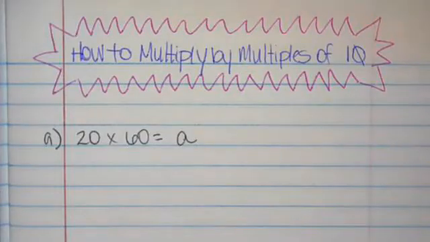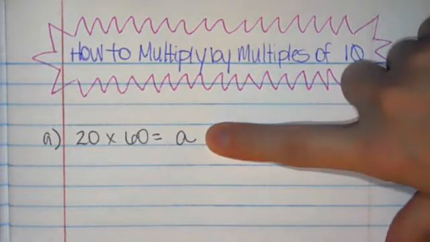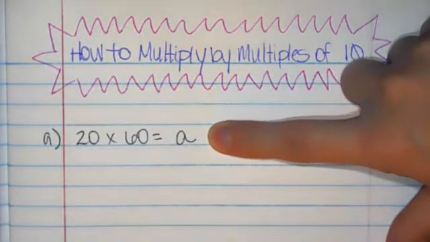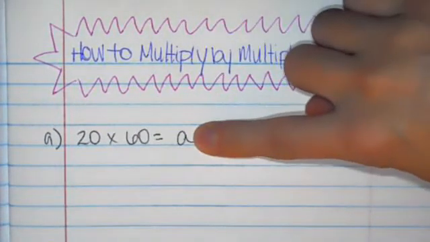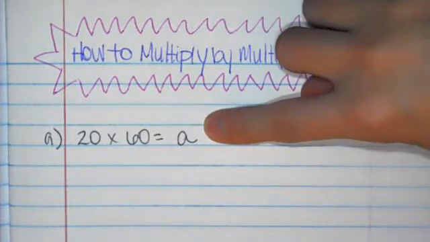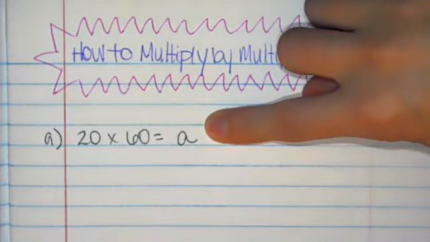Okay, in our first example of how to multiply by multiples of 10, you see the equation right here. 20 times 60 equals A. So please notice that when it says equation, we are making a multiplication problem and it equals a letter. So when it tells you to write an equation, please always remember that you need to have it equaling some letter. Doesn't matter what letter it is.